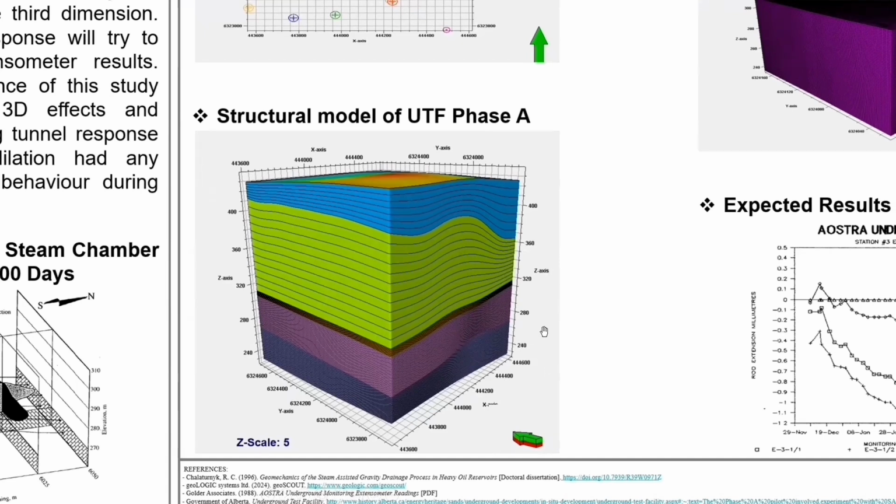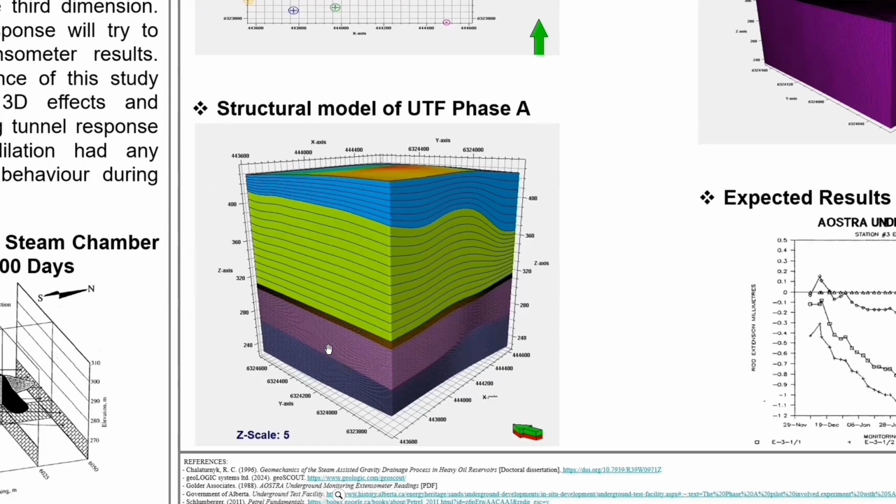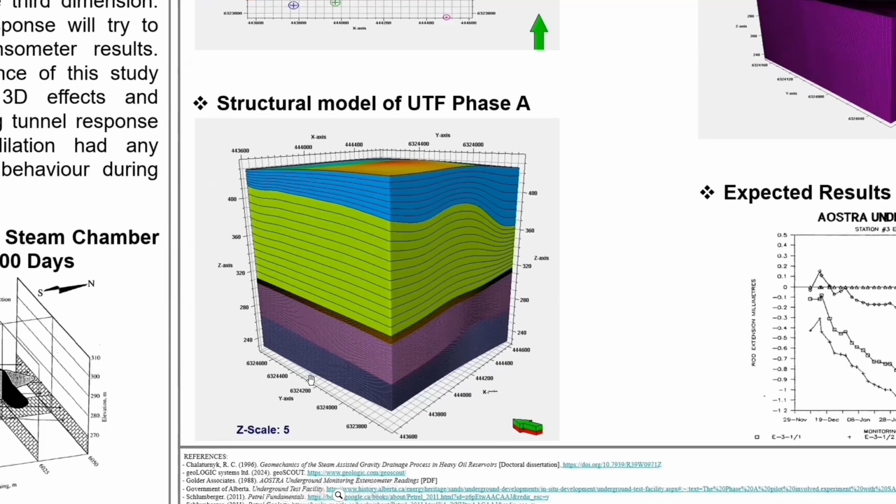So as we can see here, the layers are smaller in the oil sands and the underlying formation than in other locations, like the overburden. And this has been done to have a higher resolution in the area of interest and more accurate results.